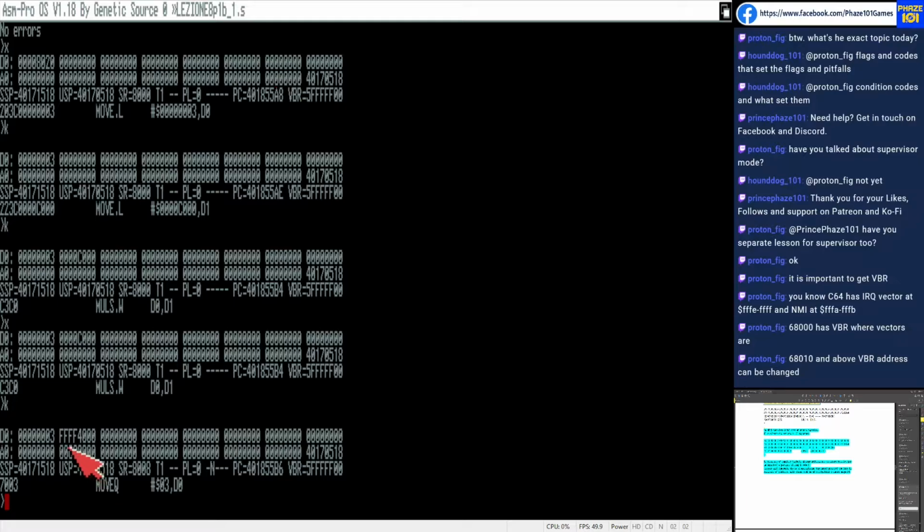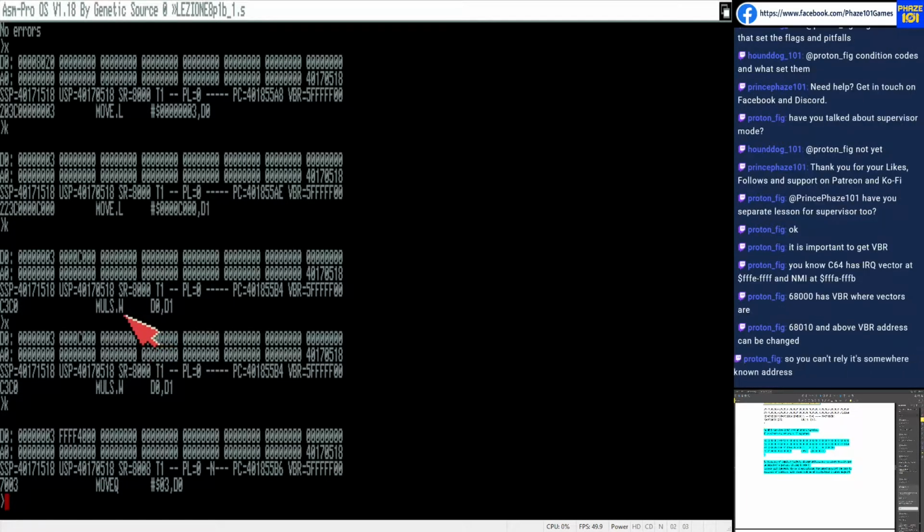So, I was saying that we moved, remember we are moving signed numbers. D0 had 3 and D1 had C000. You're seeing it as a word here, but it's a signed number, because remember it works only on words.